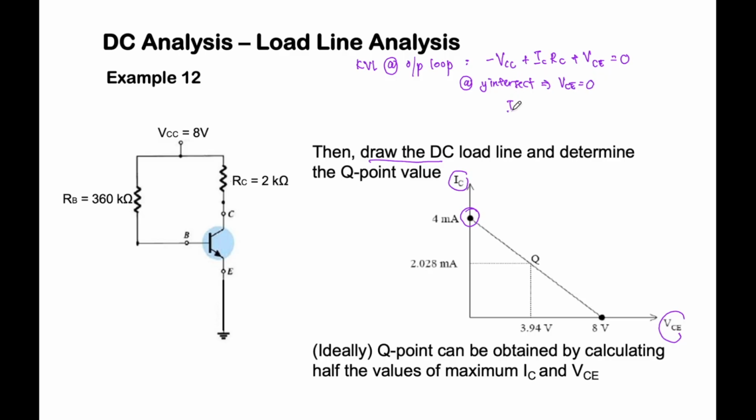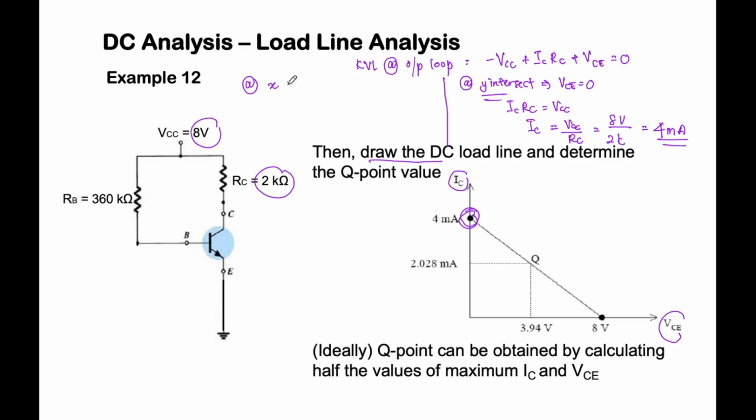Therefore, IC RC is equal to VCC, and IC is equal to VCC over RC. What is the value of VCC? 8 volts. What is the value of RC? 2 kilo-ohms. So of course, we will get 4 milliampere. So this is your y-intercept, 4 milliampere.